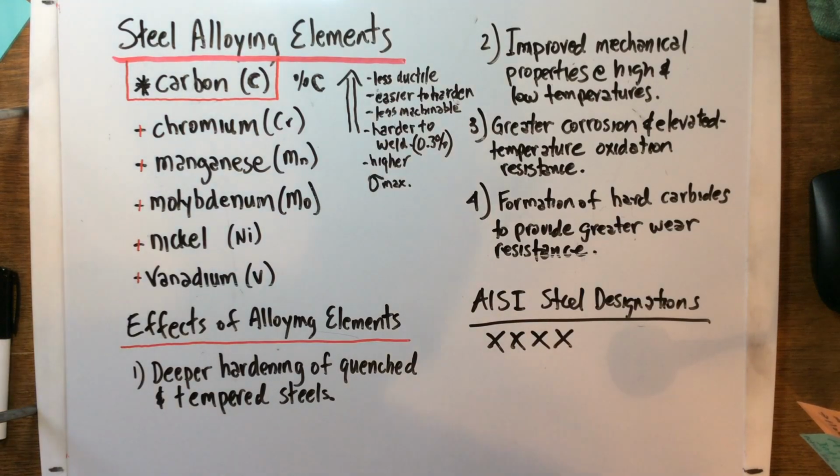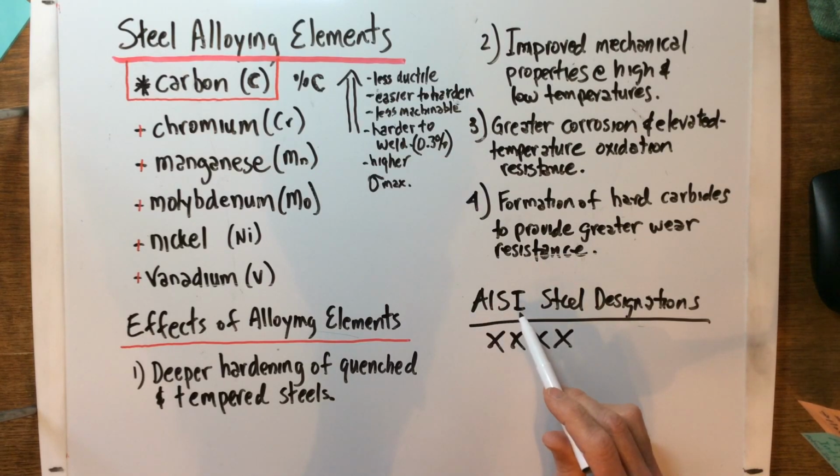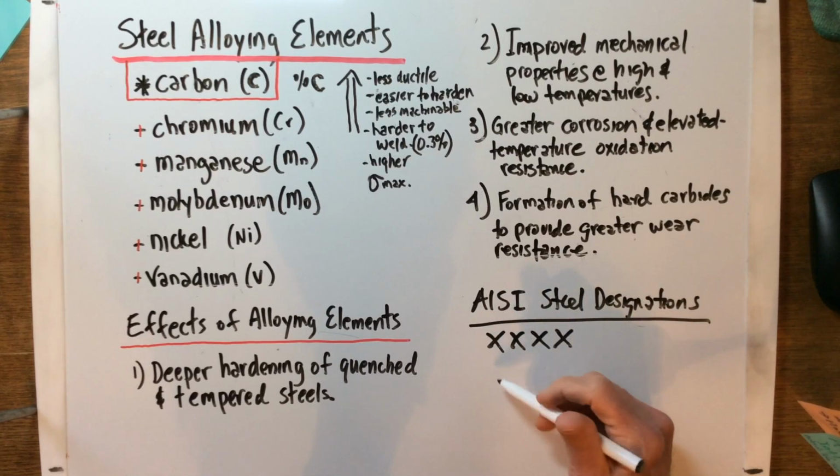Okay, now, before we move on, let me give one little piece of information with respect to when you designate steels. You designate them according to AISI or SAE sometimes, American Iron and Steel Institute designations, and usually they come in 4 numbers.